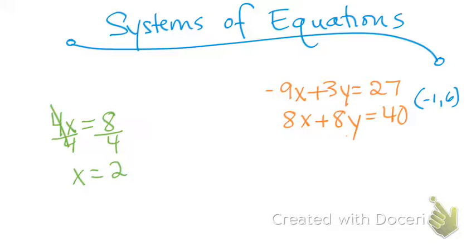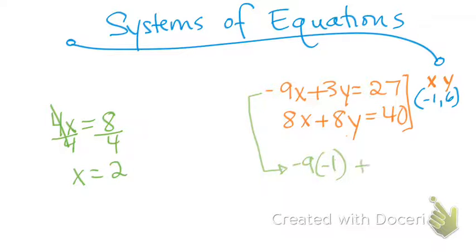This is the solution to this system of equations because it is true for both of those equations. And what I mean by that is if I substitute in negative 1 for x and 6 for y, then I end up with a true statement. So for example, with this first one, if I put negative 1 in for x, I get this.